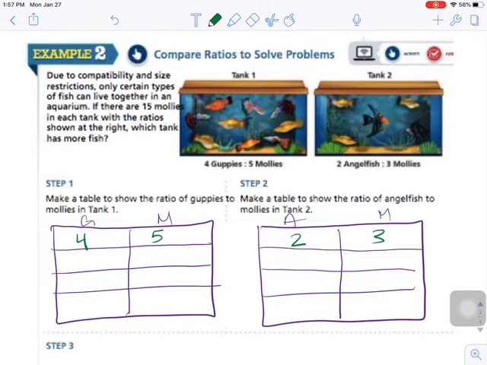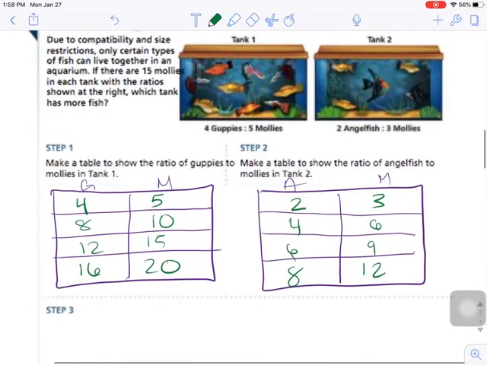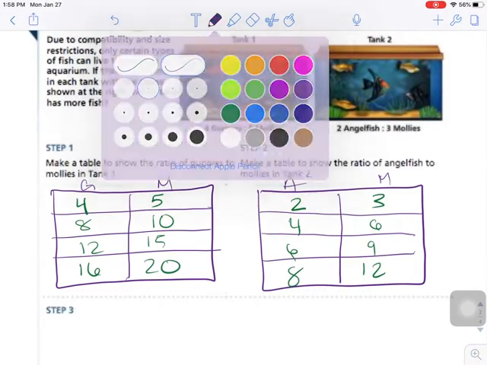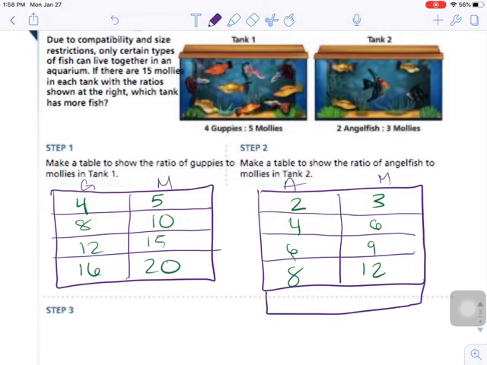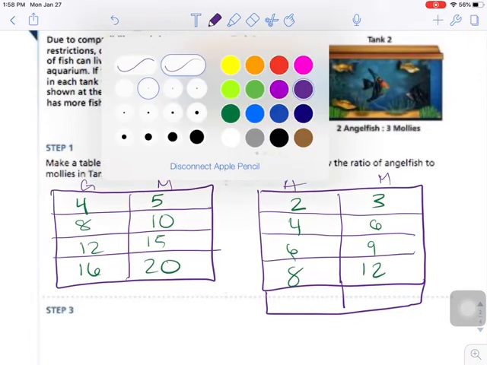So let's extend these ratio tables. I'm going to extend this one more so I have an equivalency of fish.